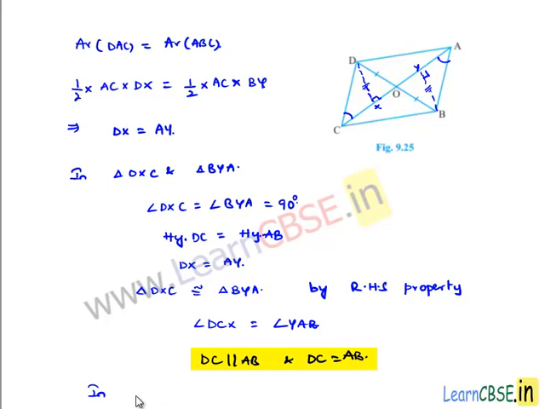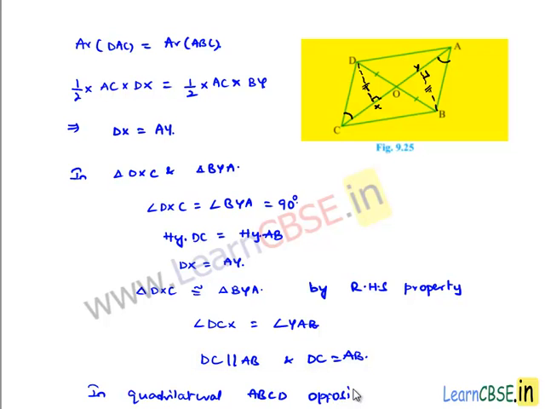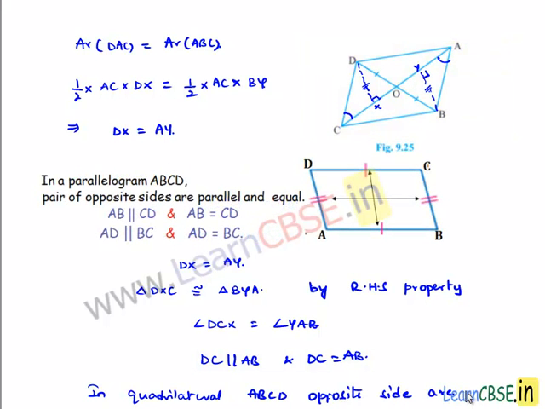Therefore, now in quadrilateral ABCD, opposite sides are parallel and equal. Therefore, we can say that a quadrilateral in which one pair of opposite sides is parallel and equal is a parallelogram. Therefore, here we can say that the given ABCD is a parallelogram.